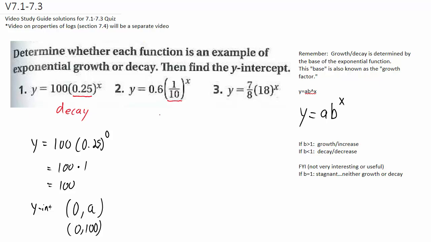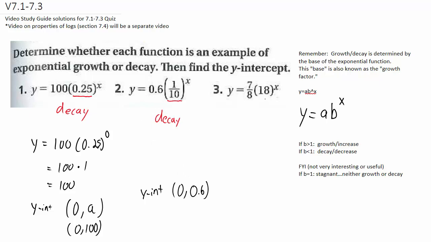And the y-intercept, again, I don't have to go through all this. I know right away my y-intercept is going to be (0, whatever that value of a is). You could plug in the 0 and calculate it yourself, but there's no need to.